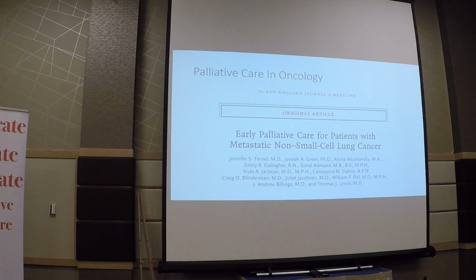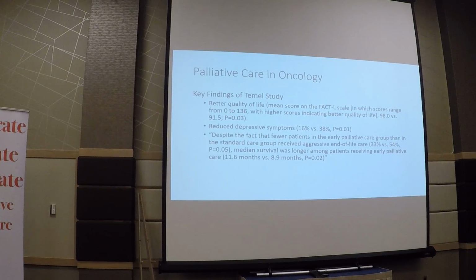And they showed a couple of key things. Obviously, hopefully, not always like we've already described, but hopefully quality of life is better with the supportive care teams that come in with palliative care. It all depends on the system and what access you have to a comprehensive team. And then the reduction in depressive symptoms, I think, was impressive. A lot of it was related to what we described from a survivorship standpoint.